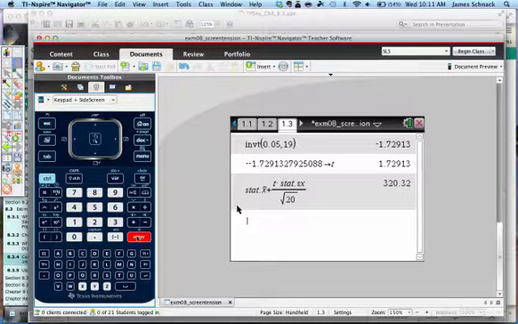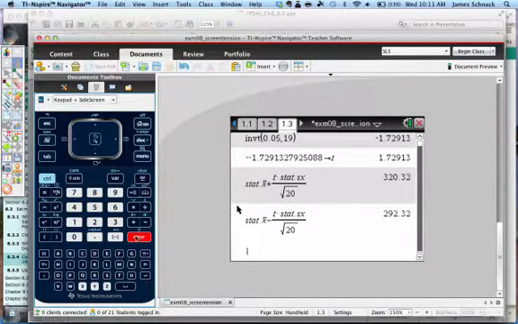There is the upper value for my confidence interval. And I can simply go up, press enter, and change this plus to a minus. There's the lower boundary for my confidence interval.